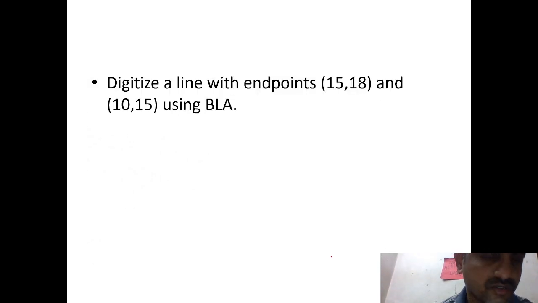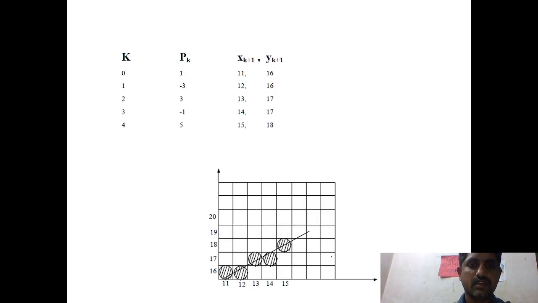Next, using another example, we take 15, 18 and 10 comma 15 using the Bresenham algorithm. You can check this at home. See here, 15, 18, 10, 15.